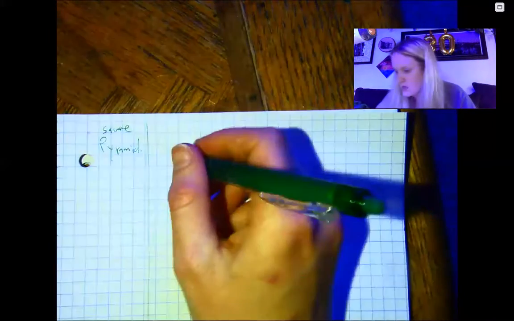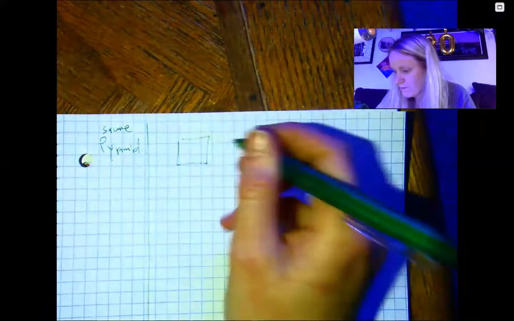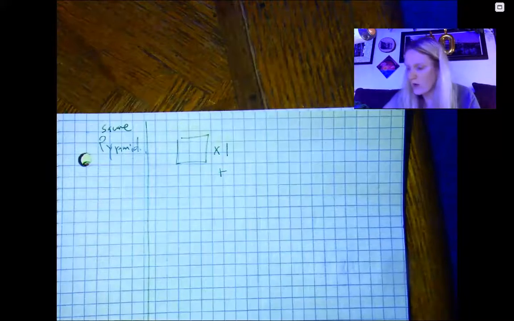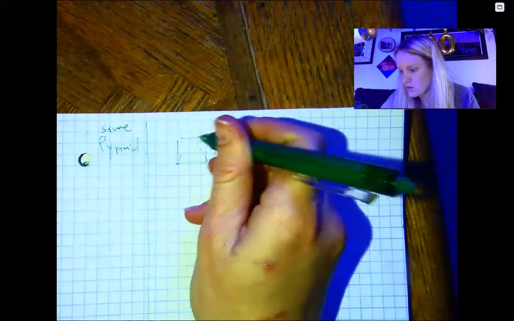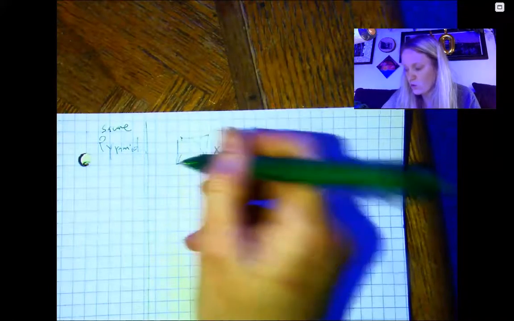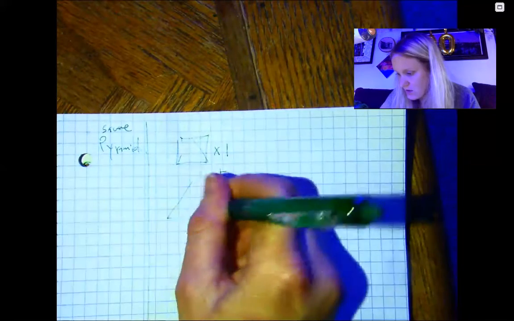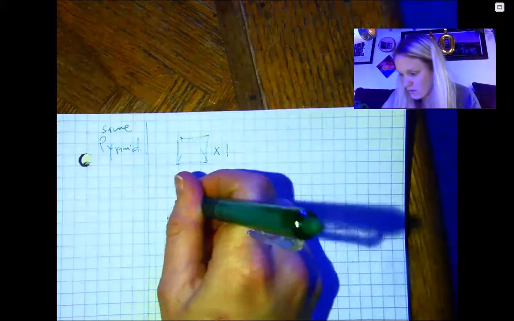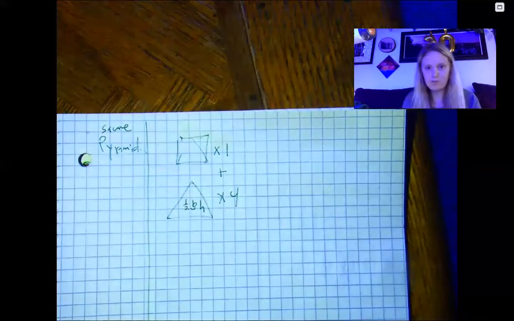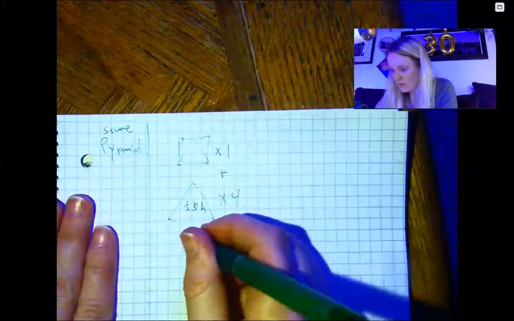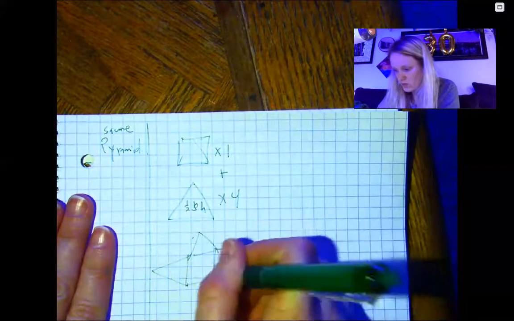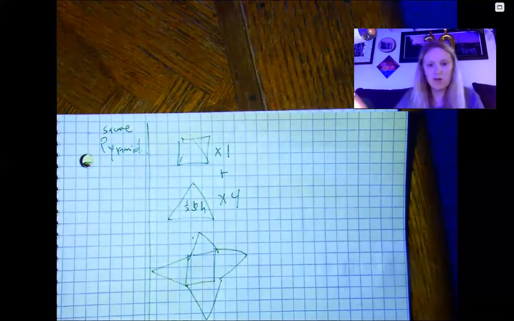So it has the bottom, a rectangle, so only one of them. Plus, you have 1, 2, 3, 4 triangles coming up that are exactly the same. And the area of a triangle is 1/2 times base times height. Because when you take a pyramid apart, you should have done this in your net activity. 1, 2, 3, 4. They're all going to come up together.